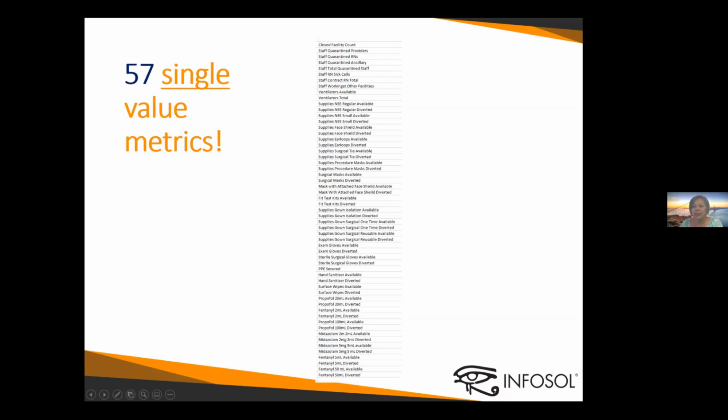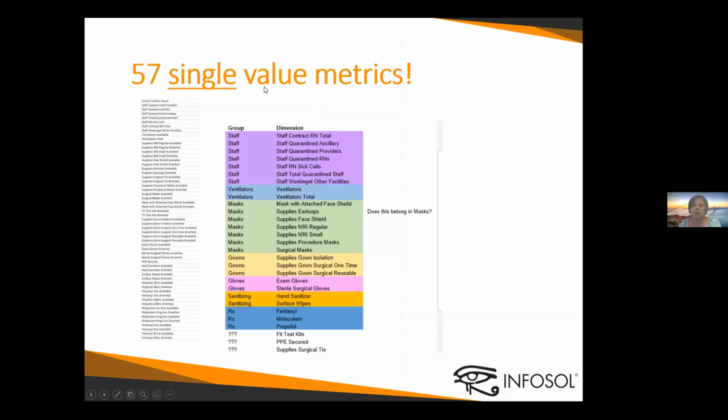So initially, I was presented with this list of metrics, and it just looked a little bit overwhelming at first. So I examined the data a little bit more and made a rough guess at some groupings for that data.